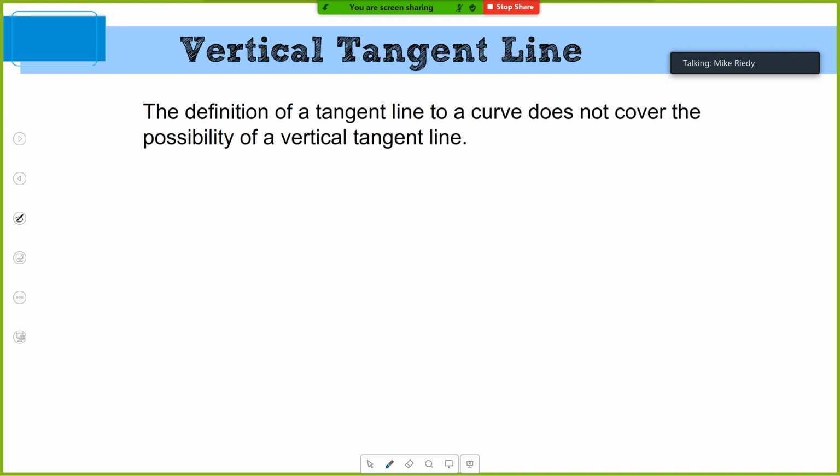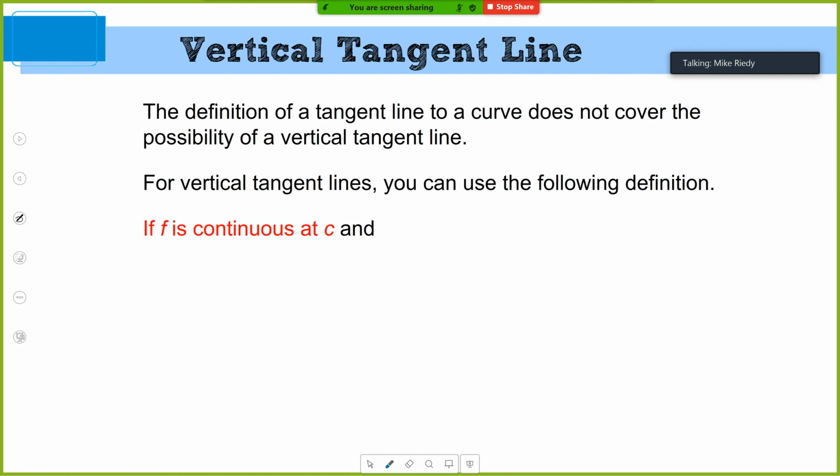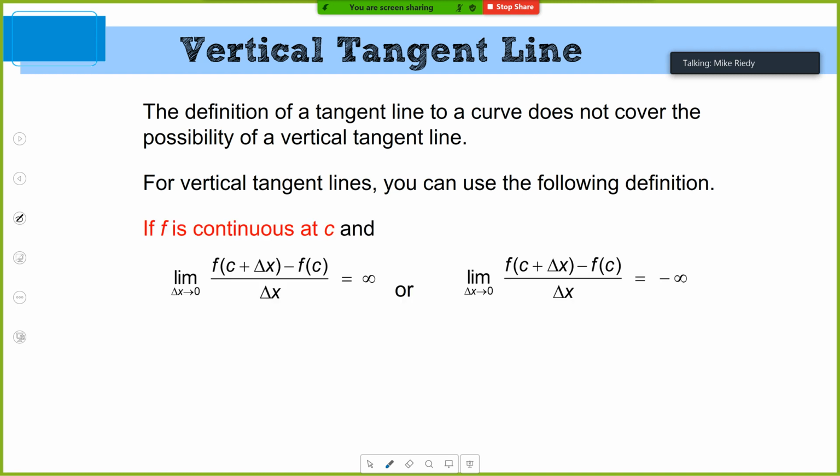So, what happens when that tangent line to the curve doesn't have a slope? We get something called a vertical tangent line. If you do the slope calculation using the limit and you get infinity or negative infinity, then you have a vertical tangent line. Think about that visually.